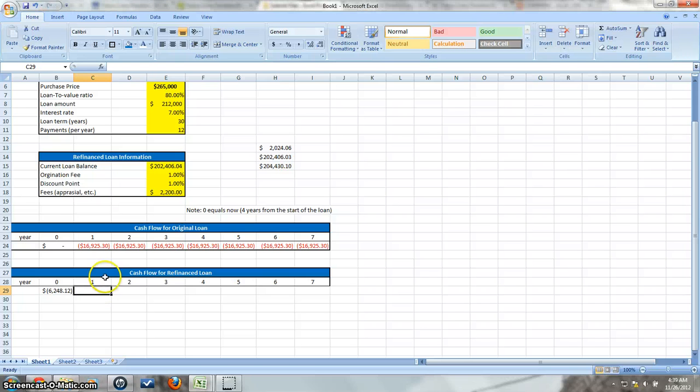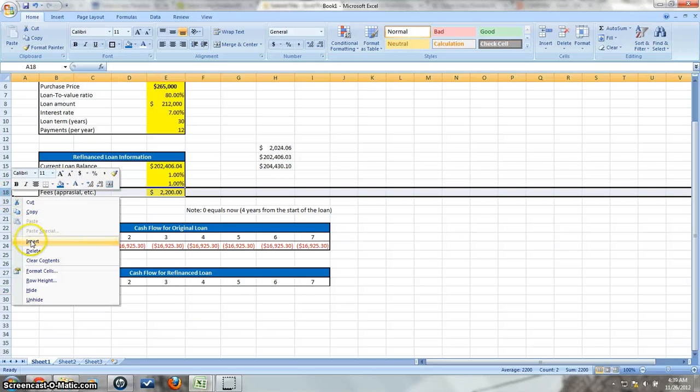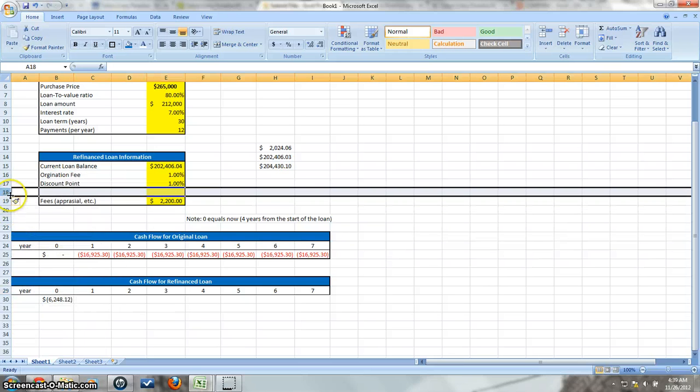The next step, we're going to add in a few lines.